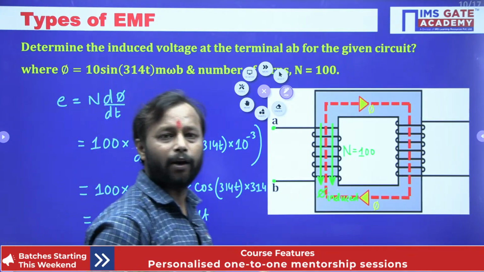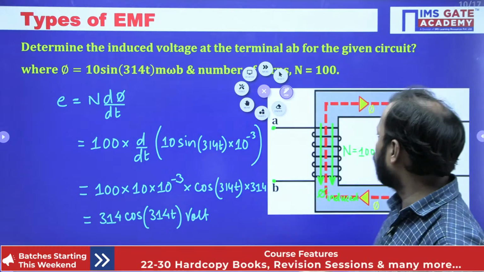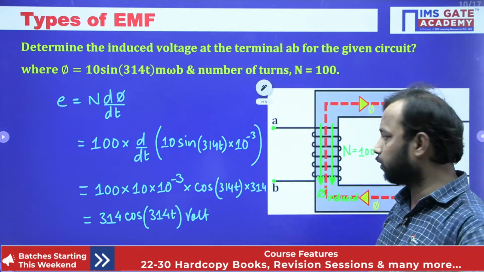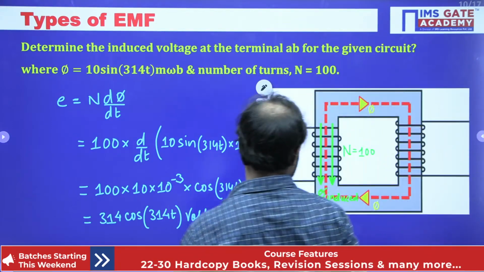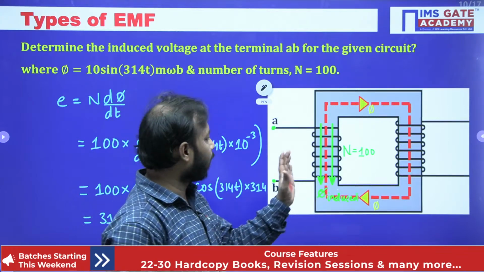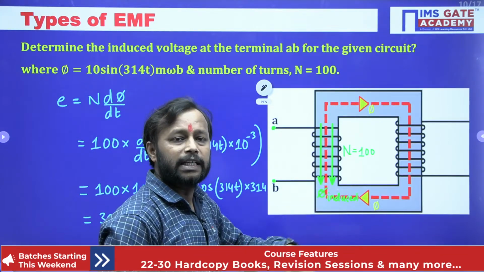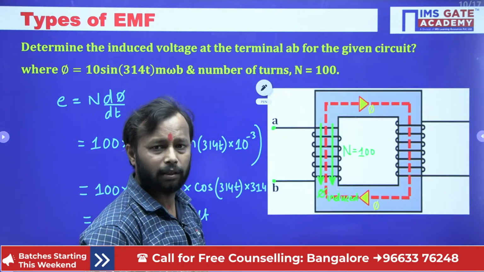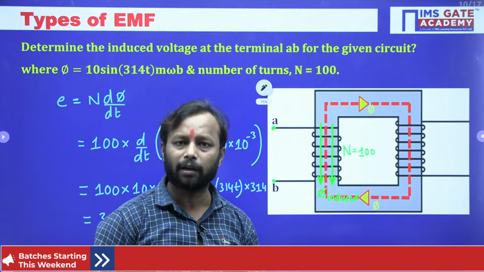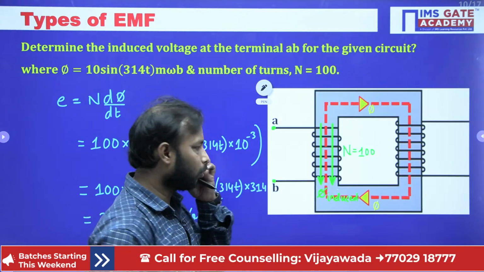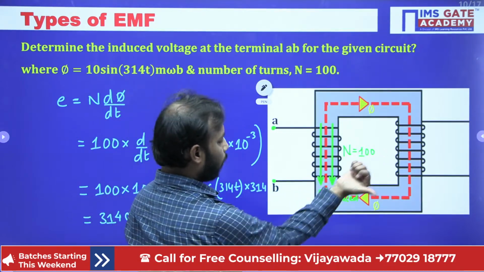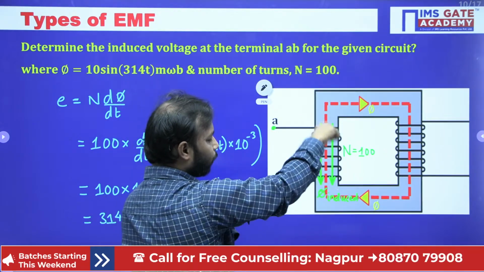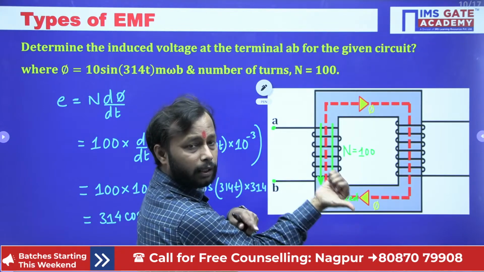But this is the magnitude. Then what will be the polarity? Polarity will be given by the Lenz's law. Now see, what will be the current in this winding such that we will have phi induced in this direction. So it is going to be given by Fleming right hand palm rule. Point your thumb in the direction of phi induced, which is downward, isn't it?